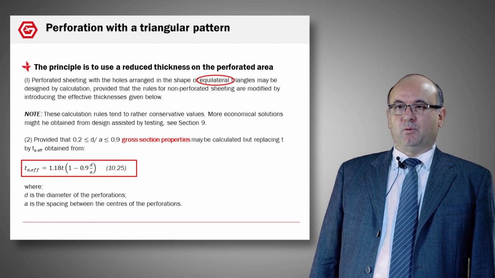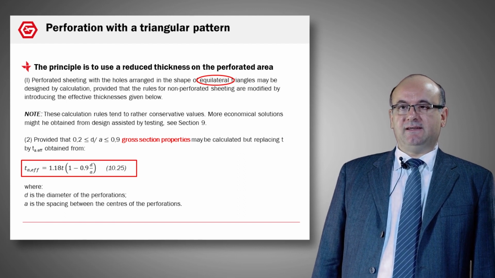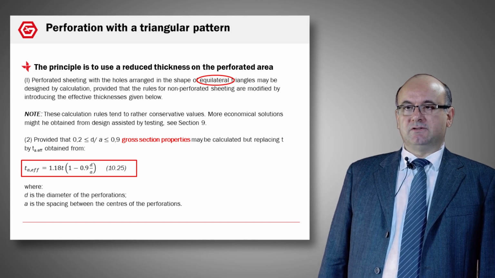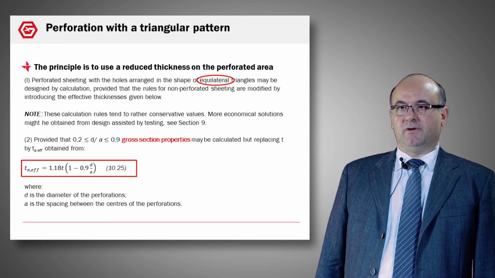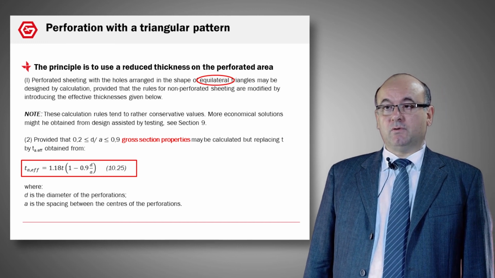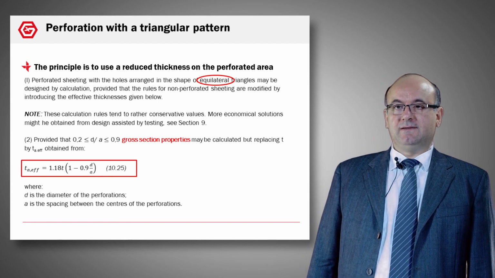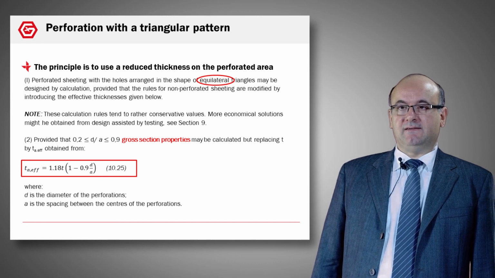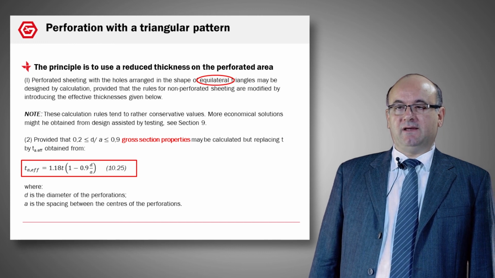So, if the ratio d divided by a, where d is the diameter of the perforations and a is the spacing between the centers of the perforations, is between 0.2 and 0.9, and if we calculate the gross section property, in this case we can use this formula of the Eurocode: t_a,eff is equal to 1.18 t times (1 minus 0.9 d divided by a).